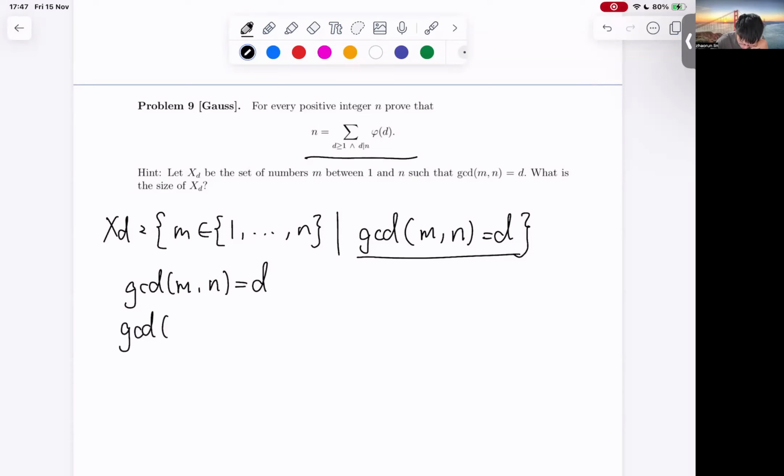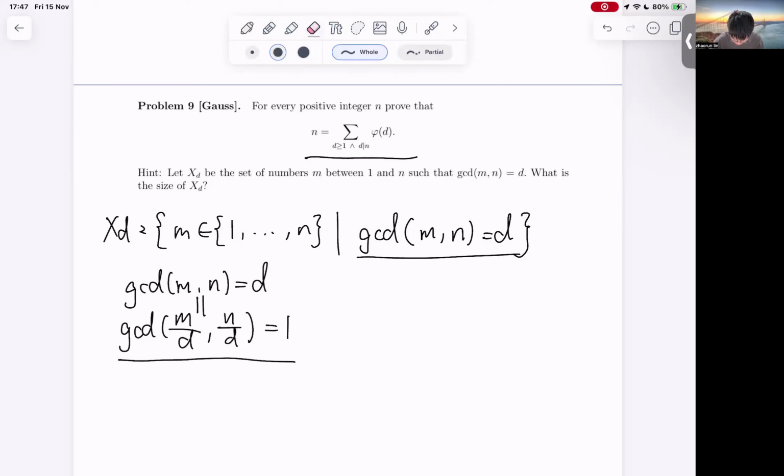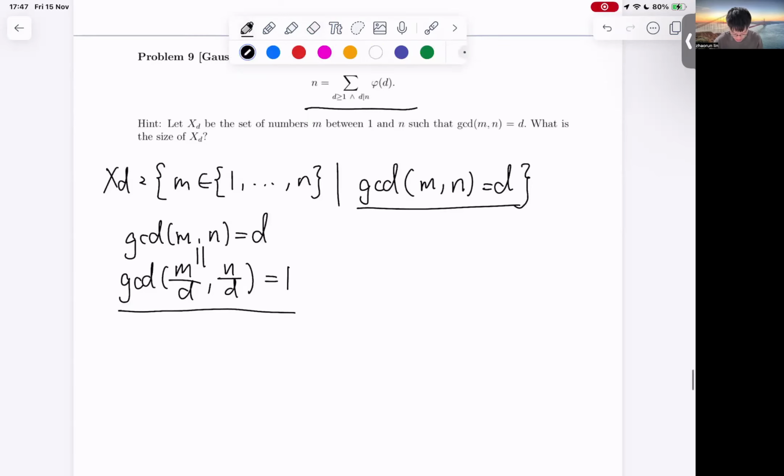And consider this value, we could actually write it as this. So this is equivalent to this, and we would have this. So we would have m over d should be coprime to n over d. And maybe let me use k. Okay, never mind. Just for now, we use d.